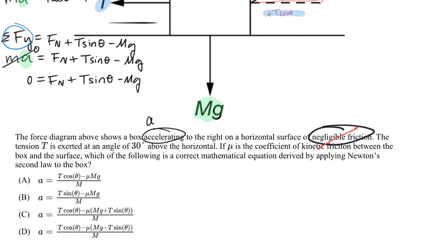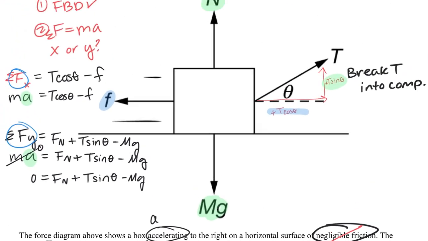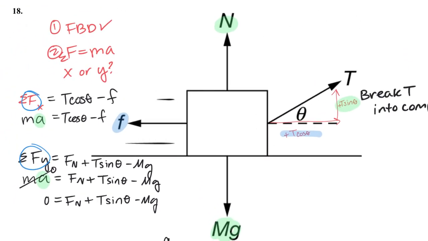And just looking at my equation down here, if I'm looking at acceleration, I also see that there's force of friction here. Since I have force of friction, I'm going to have to elaborate on my sum of all forces in the x direction. So let's elaborate on that over here.